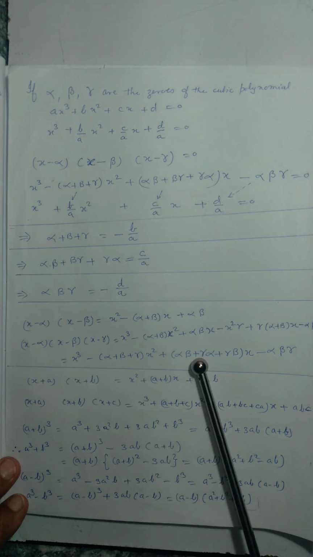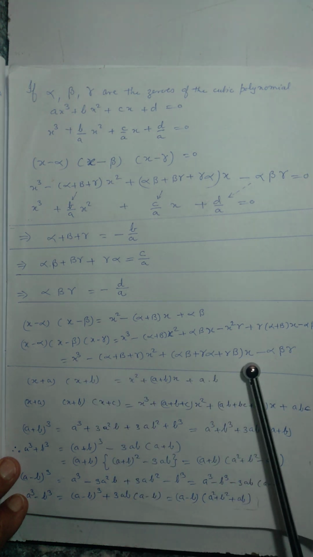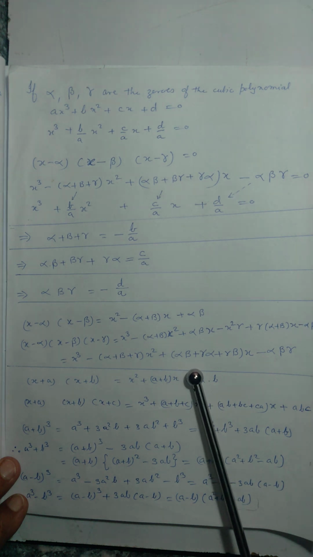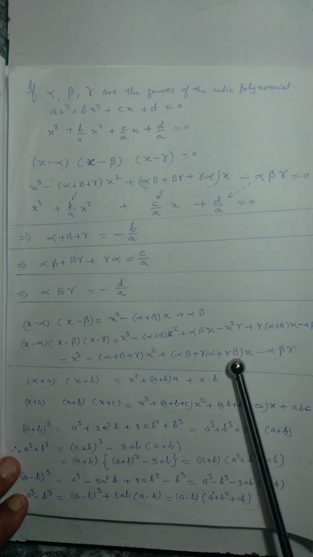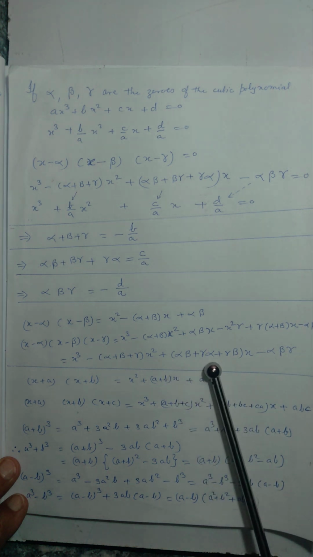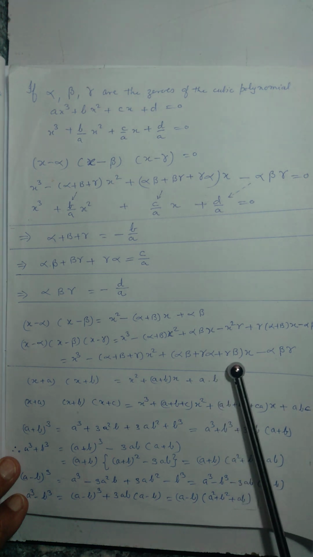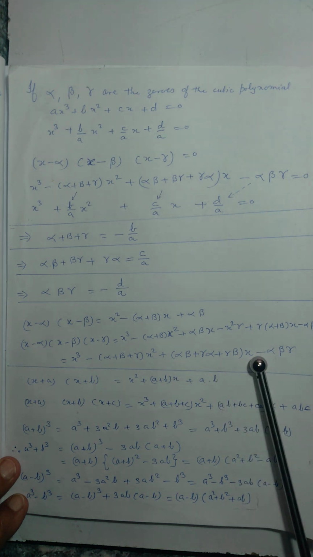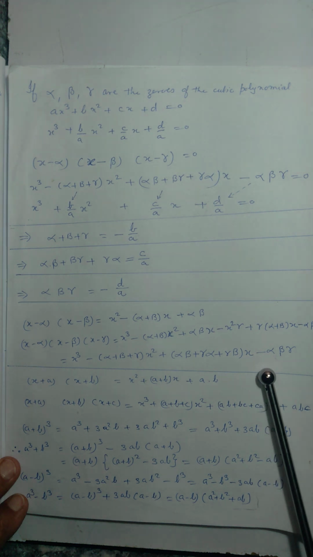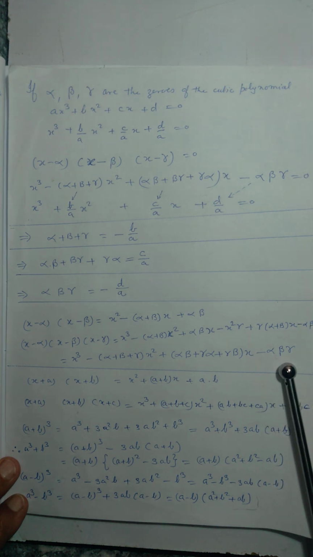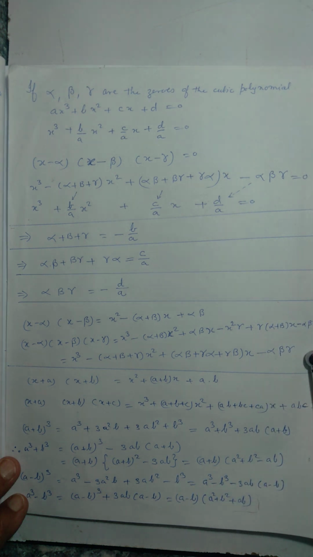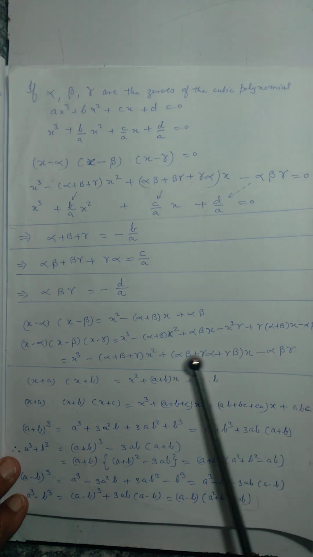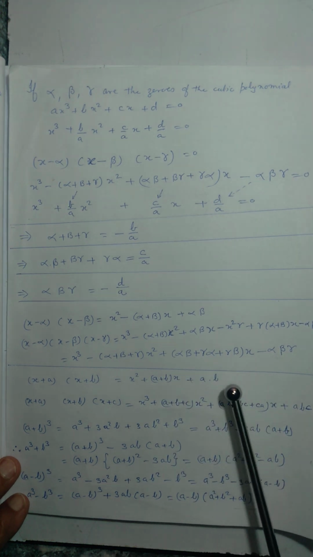The coefficient of x is the sum of the products of the two roots taken at a time, alpha beta plus gamma alpha plus gamma beta, into x. And lastly you will get minus alpha beta gamma. This will be the form of cubic polynomials.